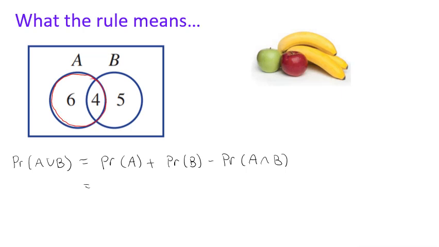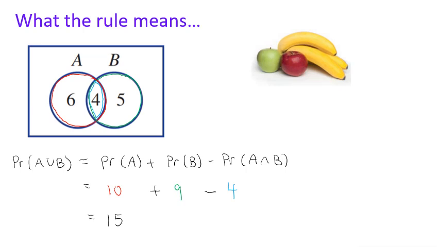There's 6 plus 4, so there's 10, plus the probability of B, so B is this, 4 plus 5, so 9, minus the probability of A and B, that's the middle section, so minus 4. If we work that out, 10 plus 9, 19 minus 4 is 15.